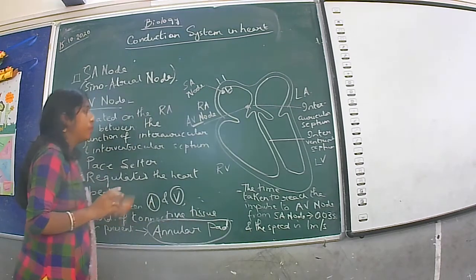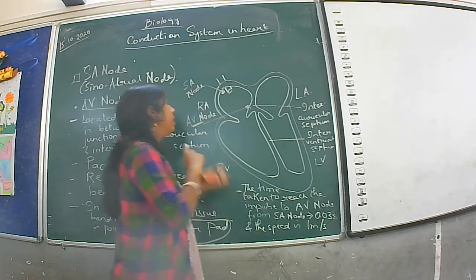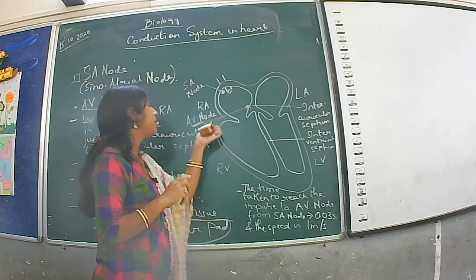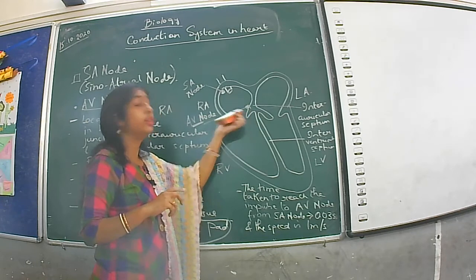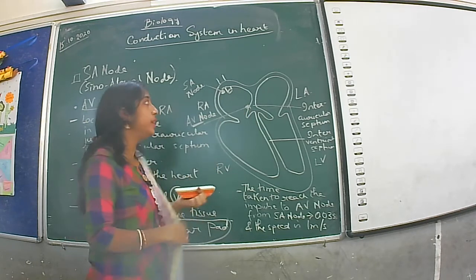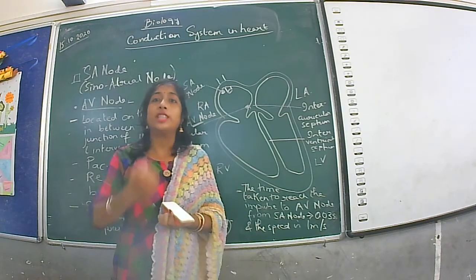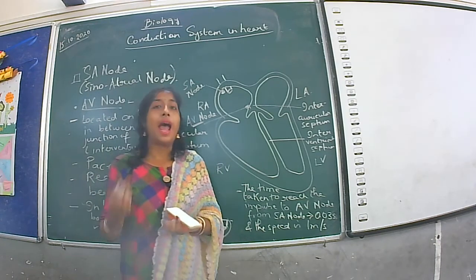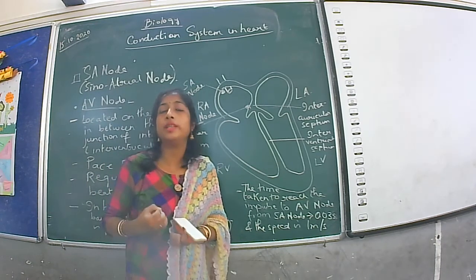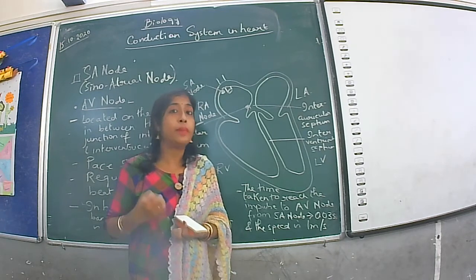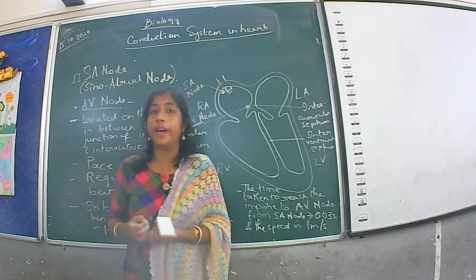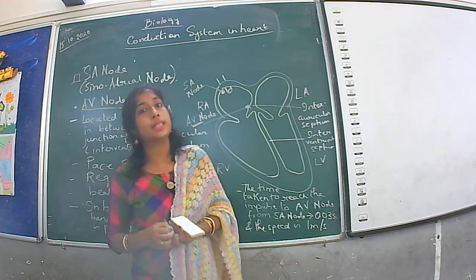Now after the impulse reaches the AV node, what happens? From the AV node, the impulse is transmitted further at a speed of 1.5 to 4 meter per second.